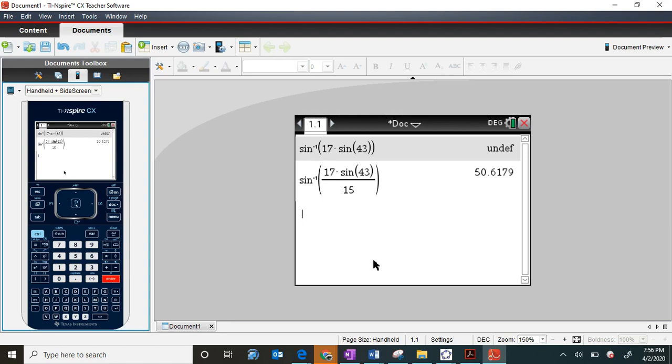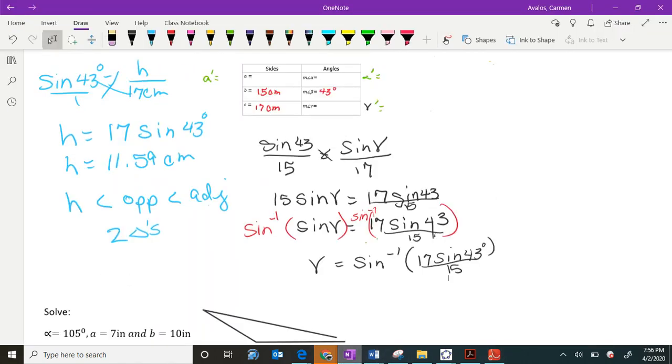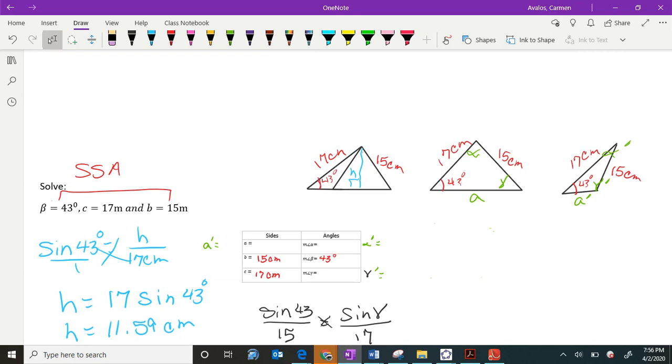Now what we're going to do is store it. If you notice right above the bars, we're going to do control store, and we're going to store that answer. That is my gamma. I'm just going to store it in C for right now, and hit enter. So I know that C is going to have the 50 on there. If I know that this angle is 50, then I could find alpha really easily.